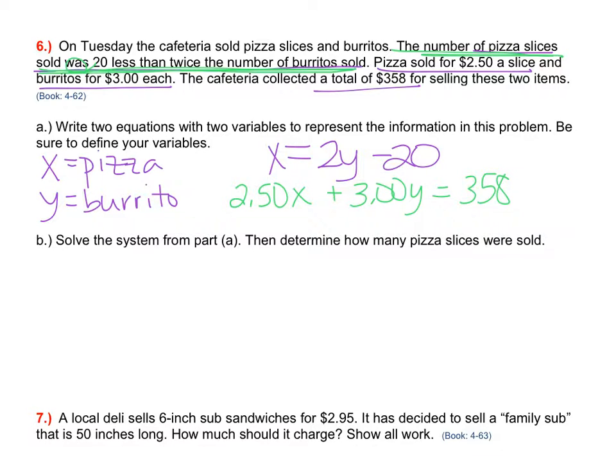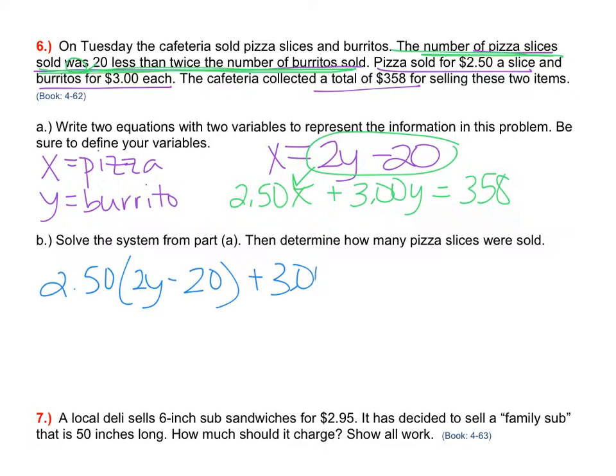So in part B, we are going to solve, and because this is set up for substitution, we're going to substitute 2y minus 20 in for x in the bottom equation. So we'll take 2.50 times now 2y minus 20 plus our $3 times y equals our $358.